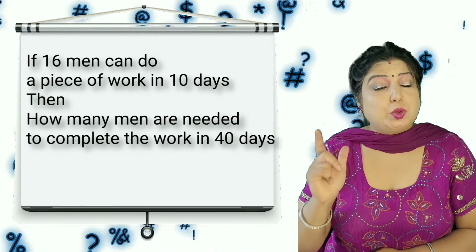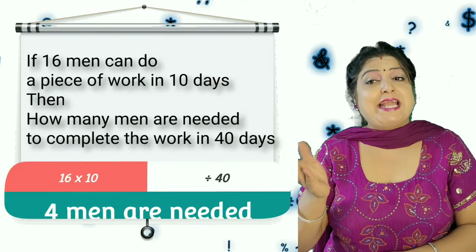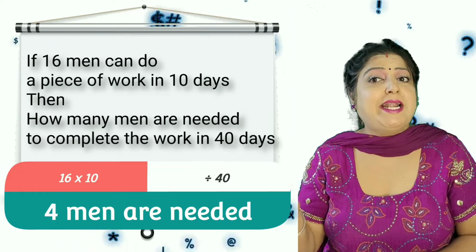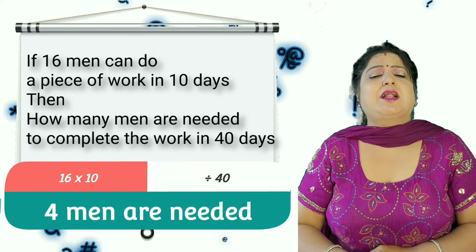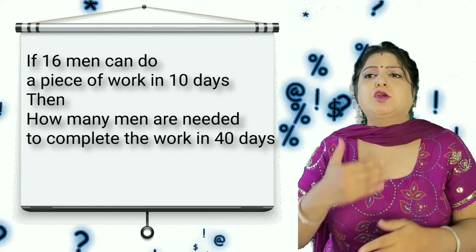So to do the work in 40 days, 16 multiplied 10 over 40 equals to 4 men are needed. This was the method used for non-objective exams.